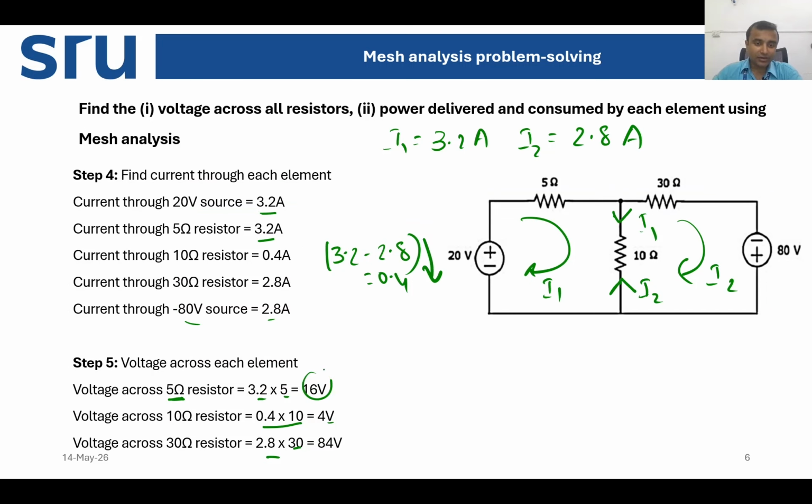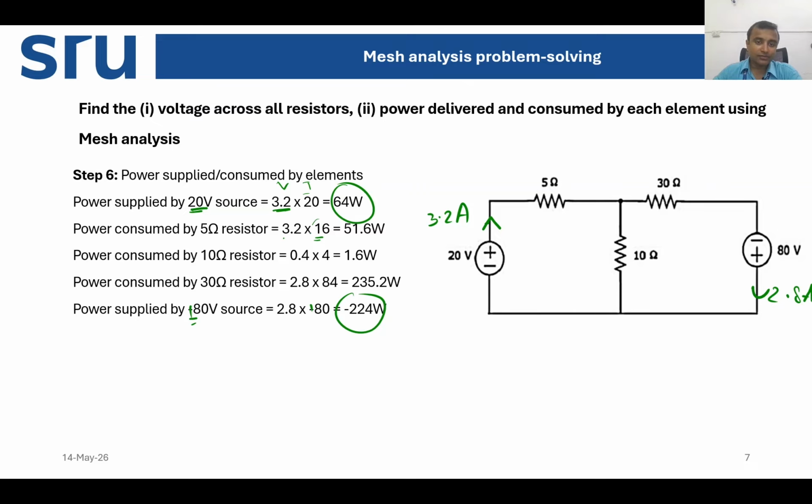The voltage across the 5 ohm resistance is 16 volts, so 16 volt times 3.2 is not 51.6, it is actually 51.2. Now the power consumed by the 10 ohm resistance: the voltage drop across it is 4 and the current is 0.4, so this is 1.6. And then the power consumed by the 30 ohm resistance.